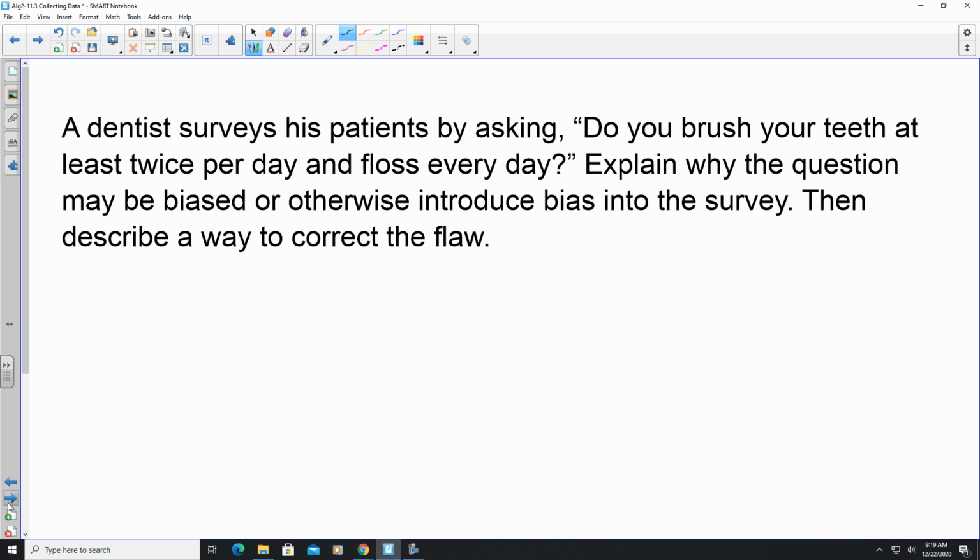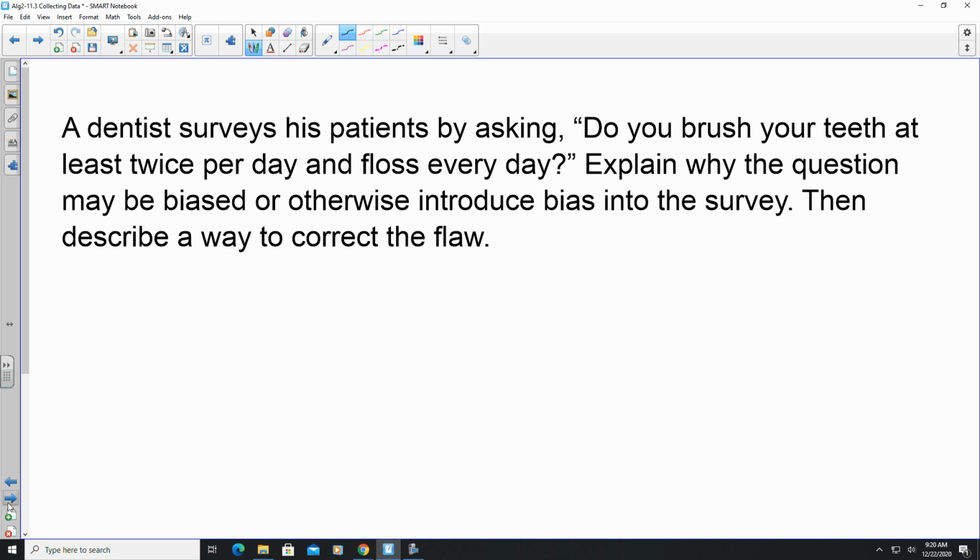Last thing that we have here, it says a dentist surveys his patients by asking, do you brush your teeth at least twice per day and floss every day? Explain why the question may be biased or otherwise induced bias into the survey. Then describe a way to correct the flaw.